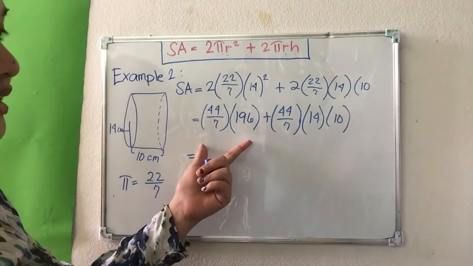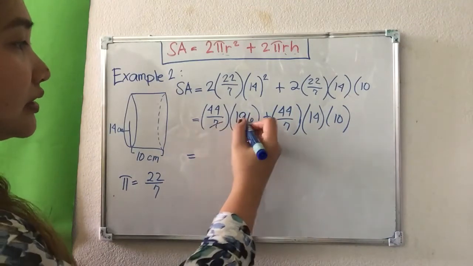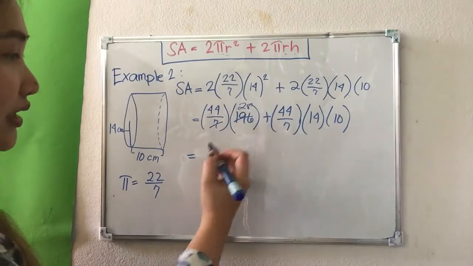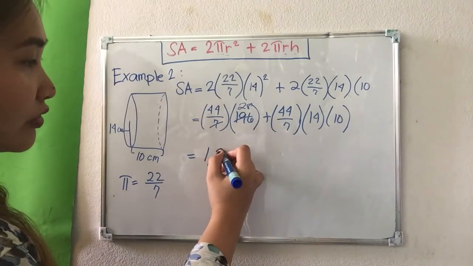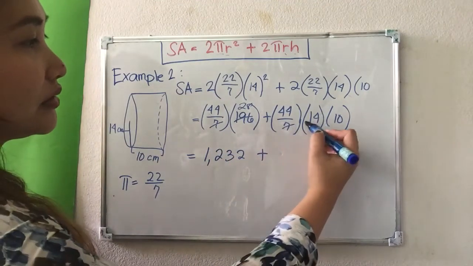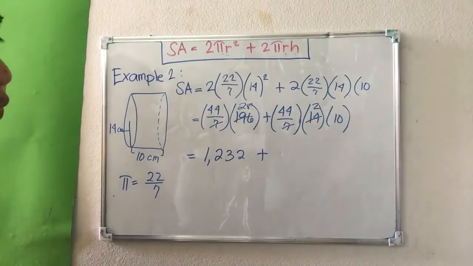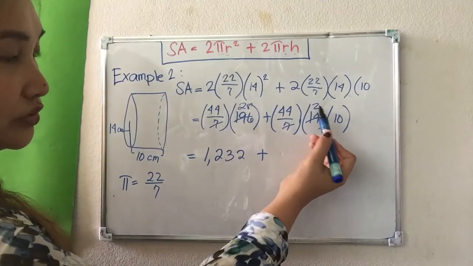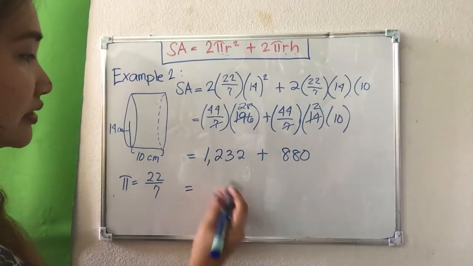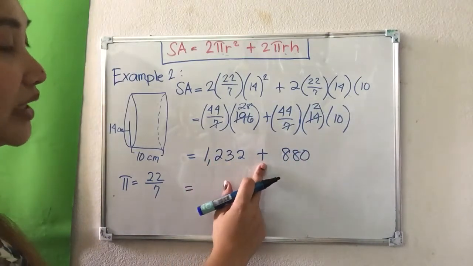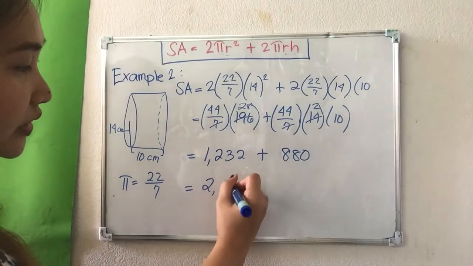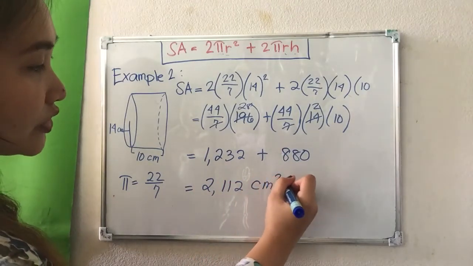So that is 28, and 44 times 28 is equal to 1232, plus 44 times 2 times 10, that is equal to 880. So 1232 plus 880 is equal to 2112 centimeters squared.